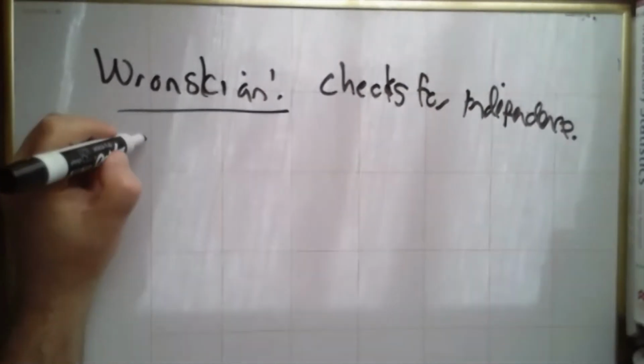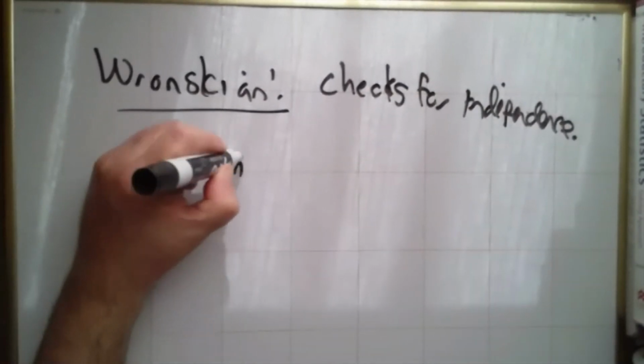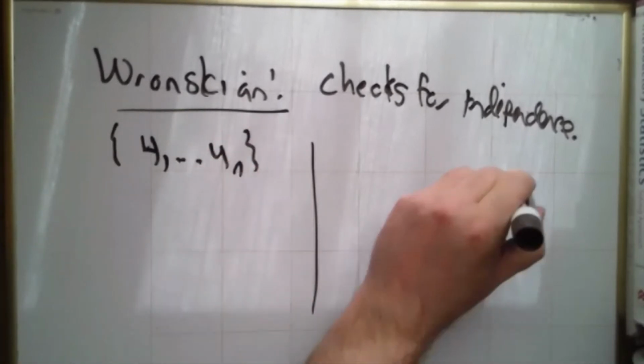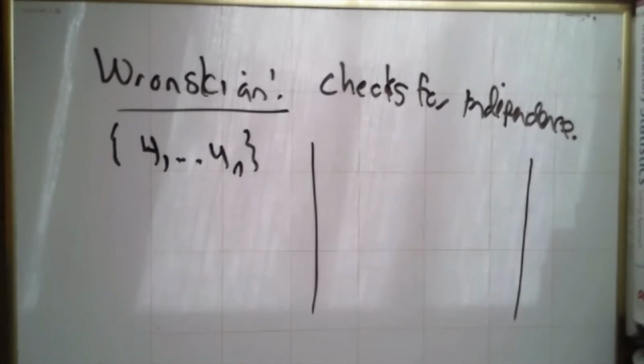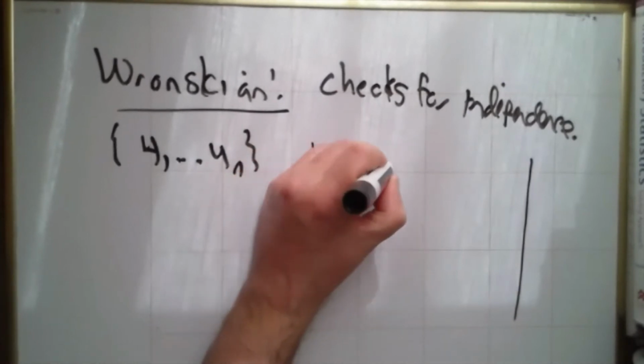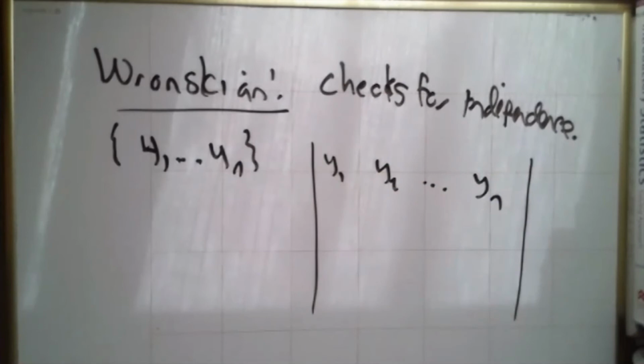So we have some set of functions, say y1 up to yn. We build this matrix and we take the determinant of it. So we put on our top row all of our functions.